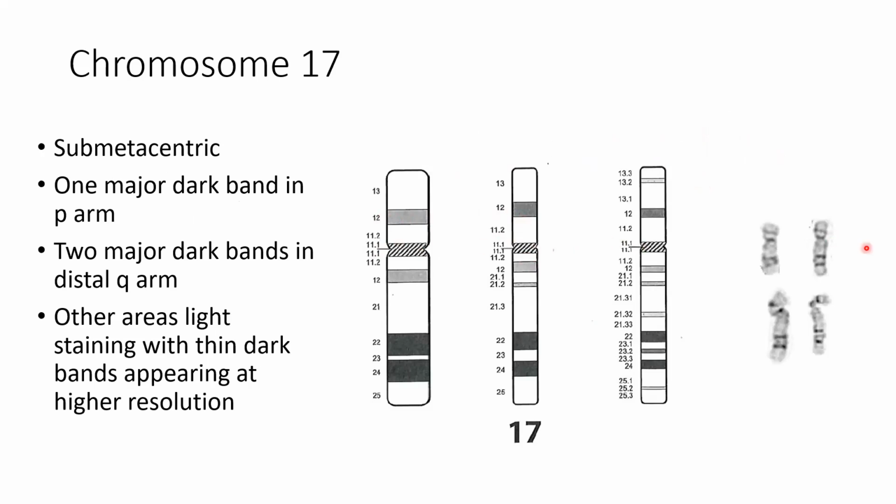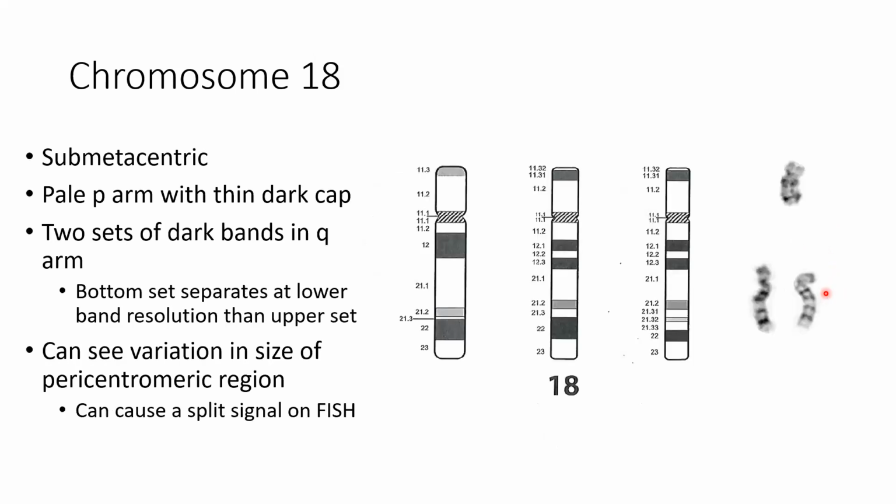It can appear more toward the centromere, depending on the length of the chromosome. And then the gap in 17q is followed by a doublet, and we do usually talk about this doublet on 17q. So submetacentric, major dark band, a large light area with the doublet toward the end.